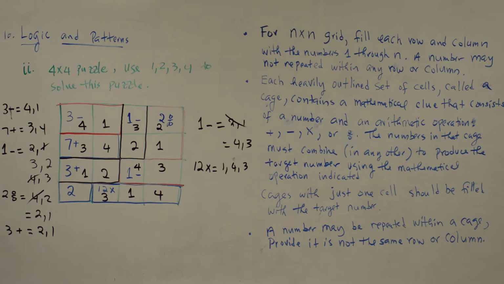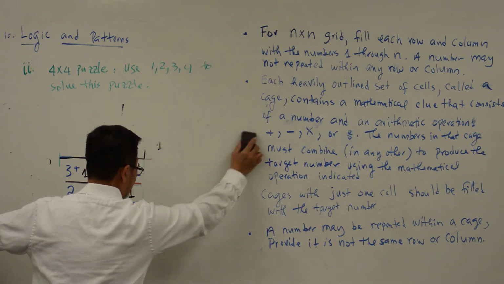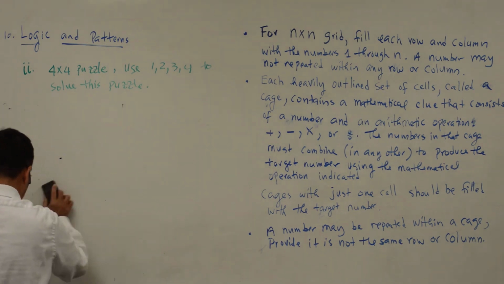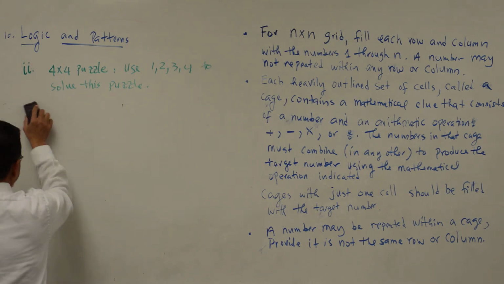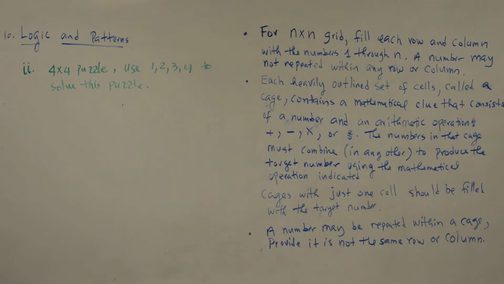Just focus on only one 4 by 4 here. Okay, let's look at another 4 by 4 example, number 3. Let me erase this one first. Number 3, let's draw number 3. 4 by 4 again.